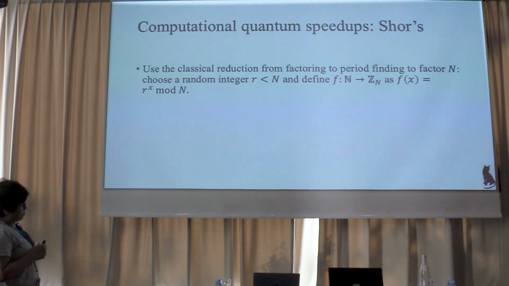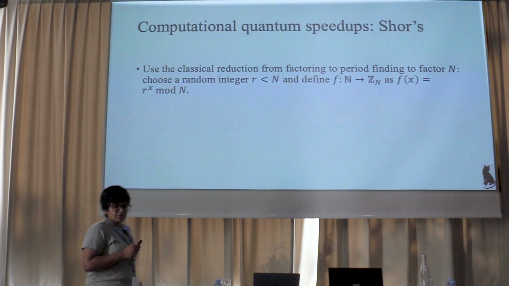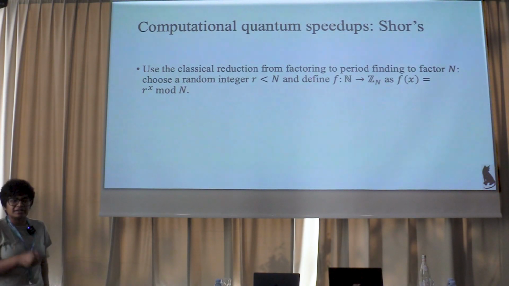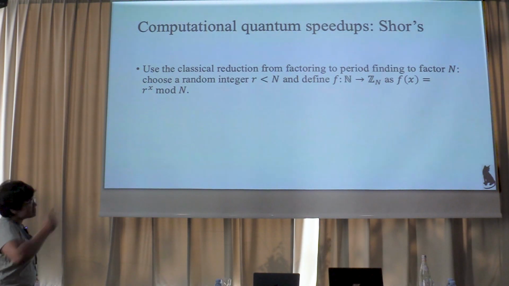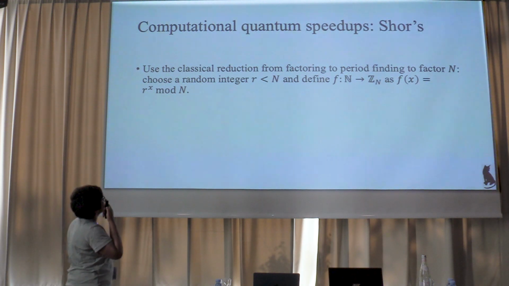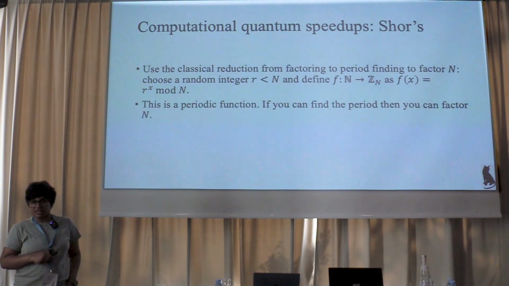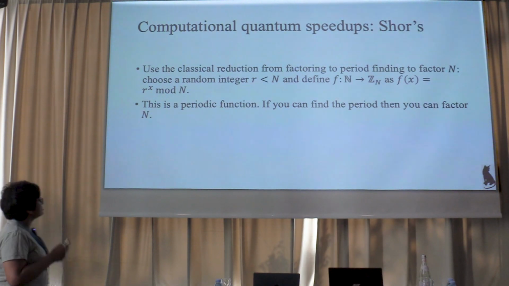So this was the first observation. Now I'm not sure if Shor made that observation or if it was already made, like this reduction from factoring to period finding, but we'll just follow that once we have this reduction. Now what the quantum part does is basically speed up this period finding.